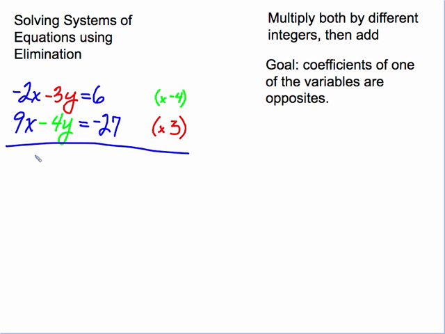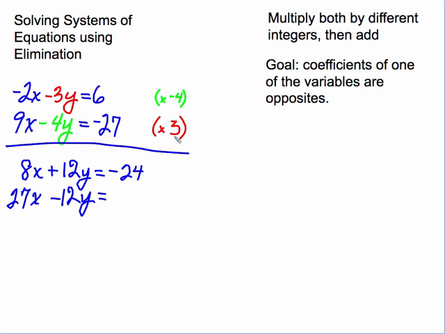First equation multiplied by -4, -2x times -4 is 8x. -3y times -4 is 12y, positive. And 6 times -4 is -24. In the second equation, we'll multiply by 3. 9x times 3 is 27x. -4y times 3 is -12y.